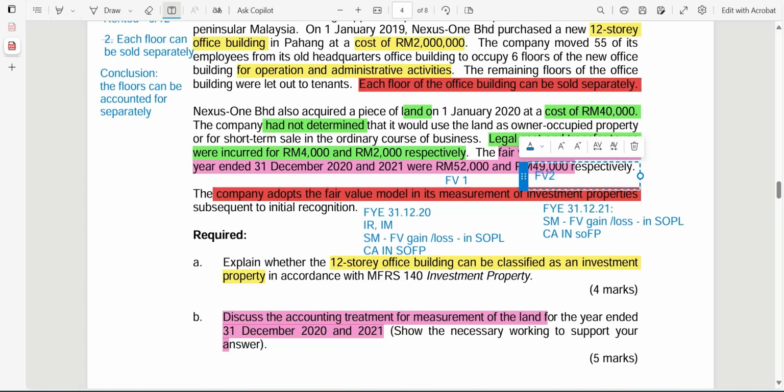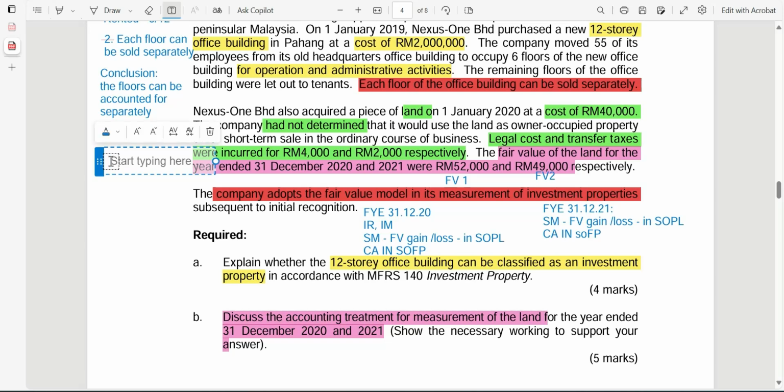So the first thing to do is to find out what is the initial cost. Your initial cost should be the cost itself, which is 40 million. And then you have the legal costs, which is 4 million.